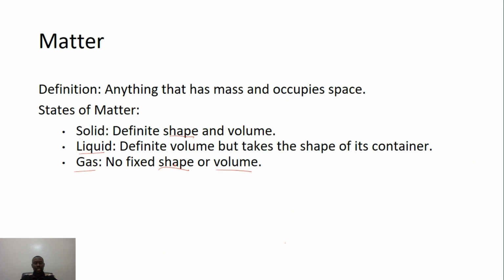It usually takes the shape and the volume of the container. Take note, liquid takes the shape of the container, but it has its volume, while gas has neither the shape nor the volume. It usually takes the shape and the volume of the container in which it is contained.